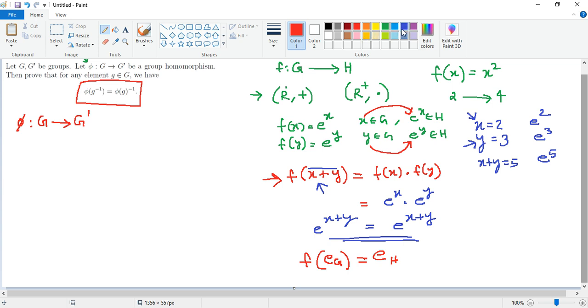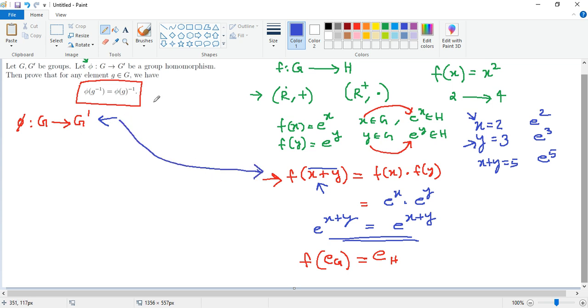This is the approach that we use for any proof problem: if you're given something, you should be able to write a conclusion based on what is given. Here the given fact is G and G prime are homomorphic groups, which means I can use this property.